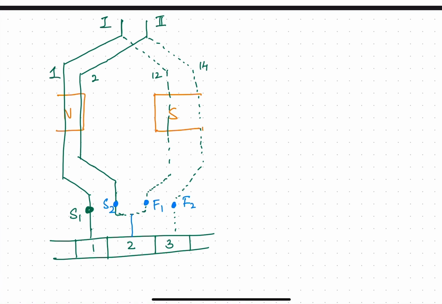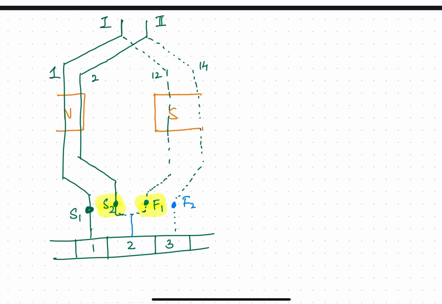So in the simplex lap winding, the finish coil F1, that is this point, is connected. So let me highlight this. The finish coil F1 of the coil 1 is connected to the start coil S2 of the coil 2.